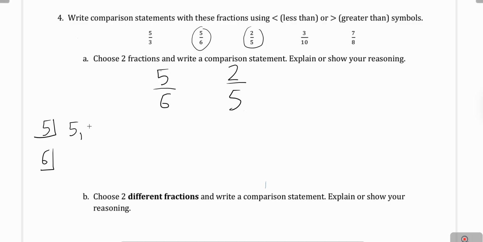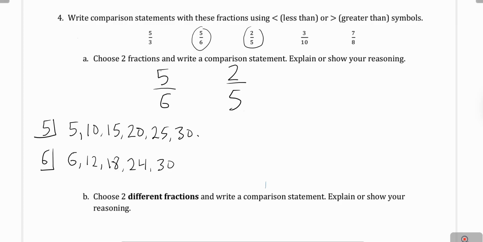So 5, 10, 15, 20, 25, 30. And I want to start right here because I know that this is a multiple of 6. Okay? 6, 12, 18, 24, 30.